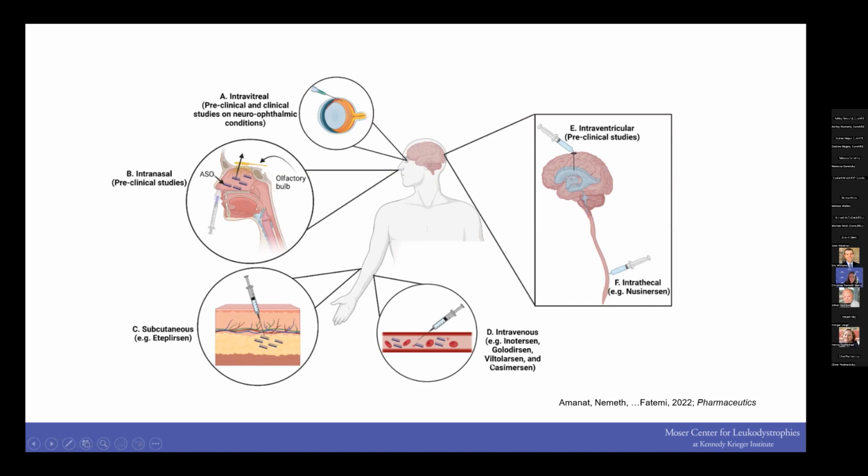And as you can see here in parentheses, there are ASO therapies. This is relative to ASO studies. There are drugs that are FDA approved that are delivered by each of these routes. So this is not something that is a new concept for treating disease. And again, for LBSL, it seems that it would be most effective, given the spinal cord effects, that it would be delivered intrathecally.